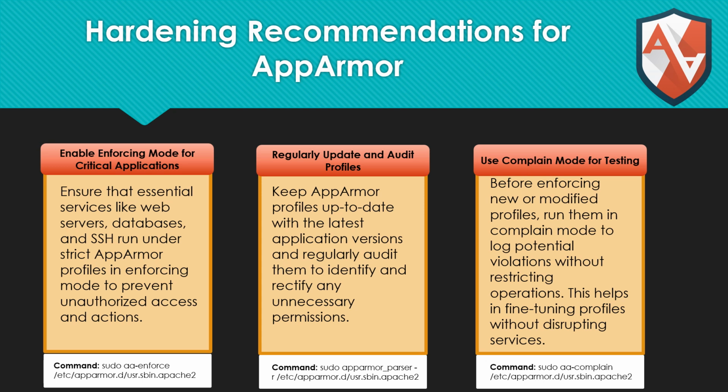Ensuring that essential servers like web servers, databases, and SSH run under strict AppArmor profiles in enforcing mode to prevent unauthorized access and actions. Secondly, regularly update and audit profiles. Keeping AppArmor profiles up to date with the latest application version and regularly auditing them to identify and rectify any unnecessary permissions.